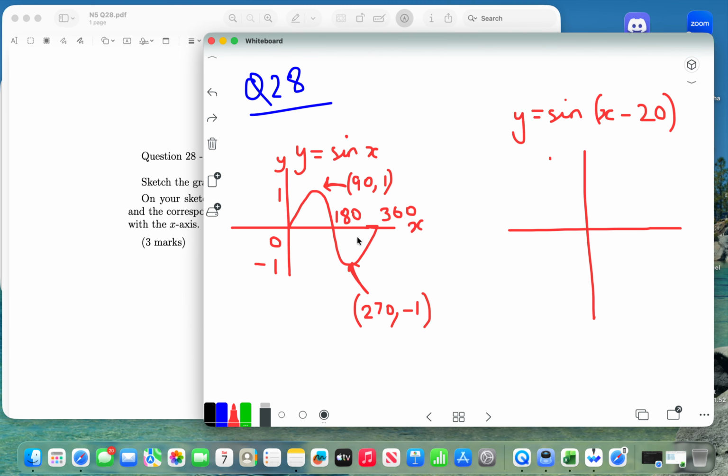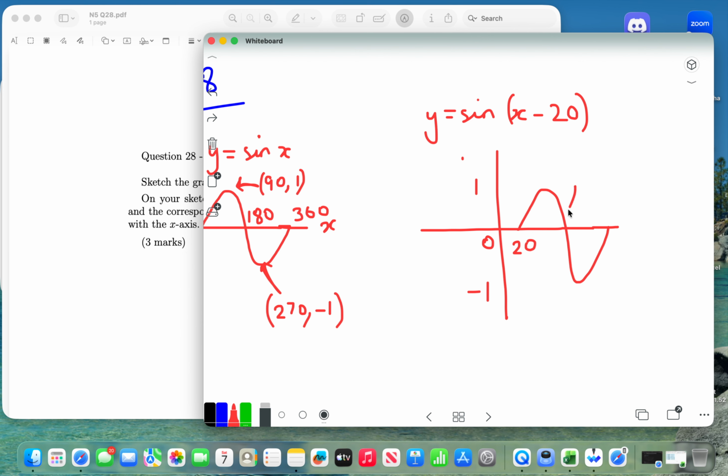So we now shift 20 along, so it starts at this point and you go through the same shape. The maximum and the minimum haven't changed, but that's 20, that is 200, and the other point is 380, the intersection.